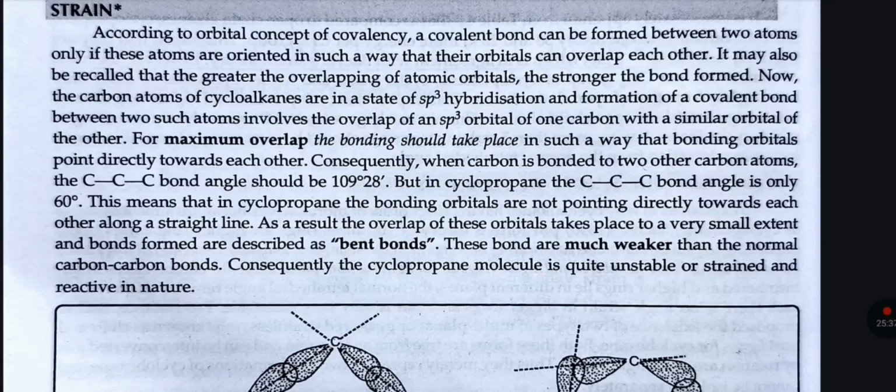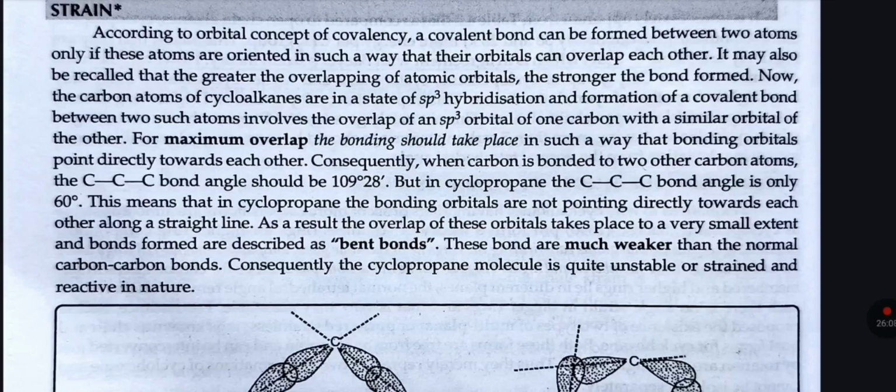Now the carbon atoms of cycloalkanes are in a state of sp3 hybridization, and formation of a covalent bond between two such atoms involves the overlapping of an sp3 orbital of one carbon with a similar orbital of the other. For maximum overlap, the bonding should take place in such a way that bonding orbitals point directly towards each other.